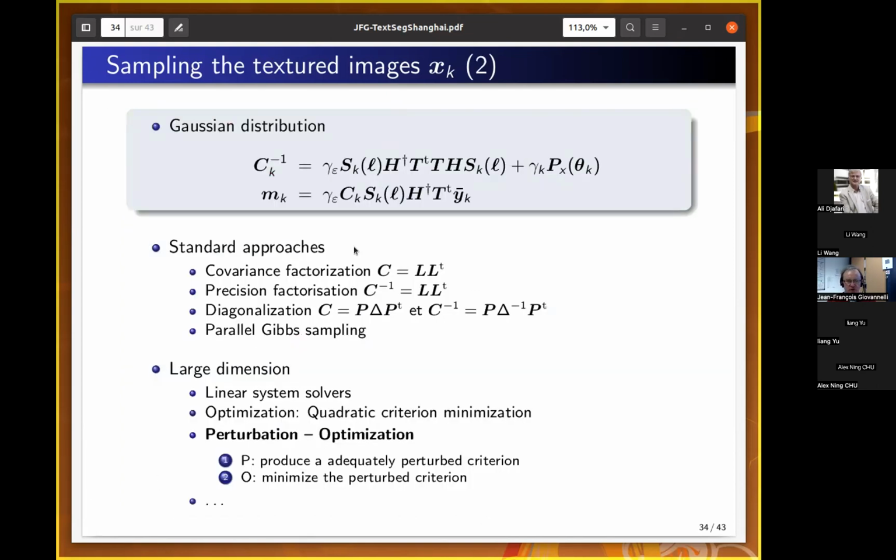And we have standard approaches relying on factorization, for example, of the covariance or the inverse covariance, the precision, or diagonalization, and so on. But we resort to a specific efficient algorithm that relies on perturbation optimization. It means that we are able to produce a criterion with a precisely designed stochastic perturbation so that the minimizer of the criterion is a sample of the Gaussian of interest. And then we included that in the algorithm to produce a sample of each of the capital K images. Okay.